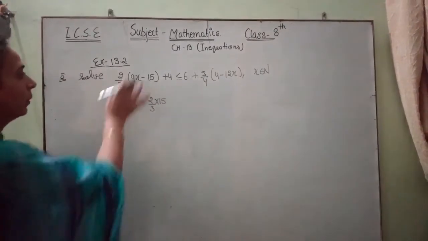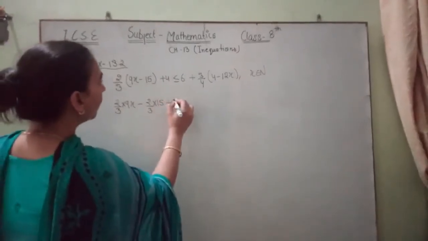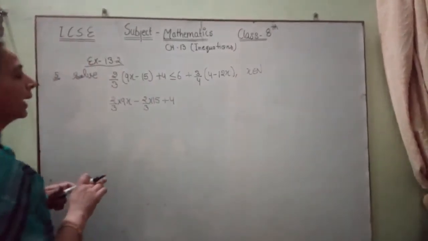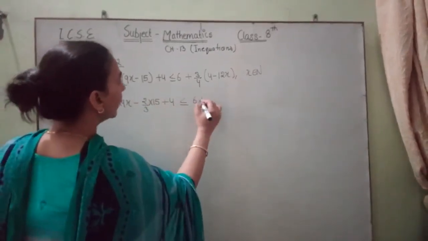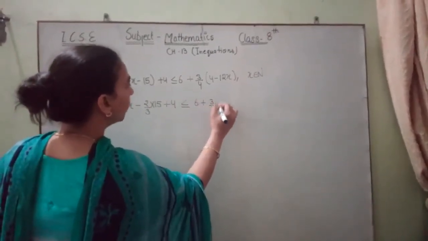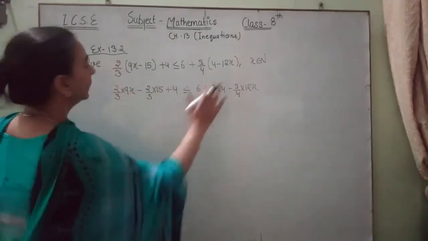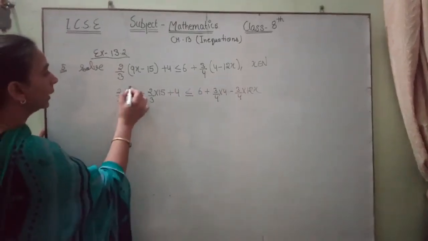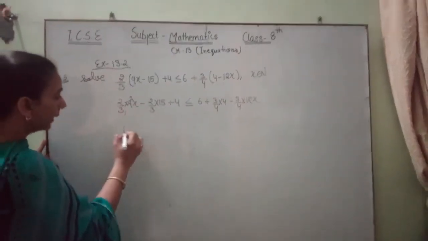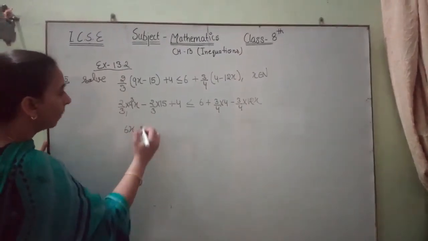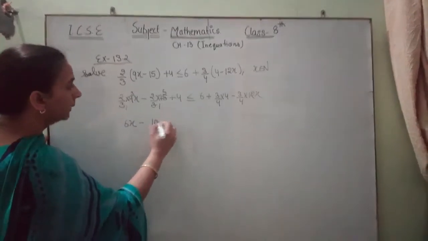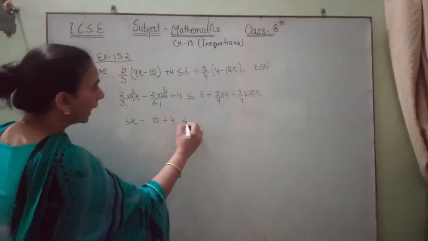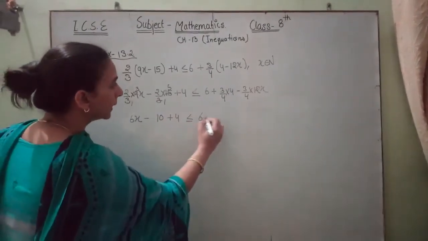Okay student, we solve only the bracket, plus 4 as it is, less than or equal to, same sign, then 6 plus 3 by 4 we solve the bracket again: 3 ones are 3 and 3 twos are 6, 6x minus 3 fives are 15... 5 twos are 10, plus 4 less than or equal to 6 as it is.